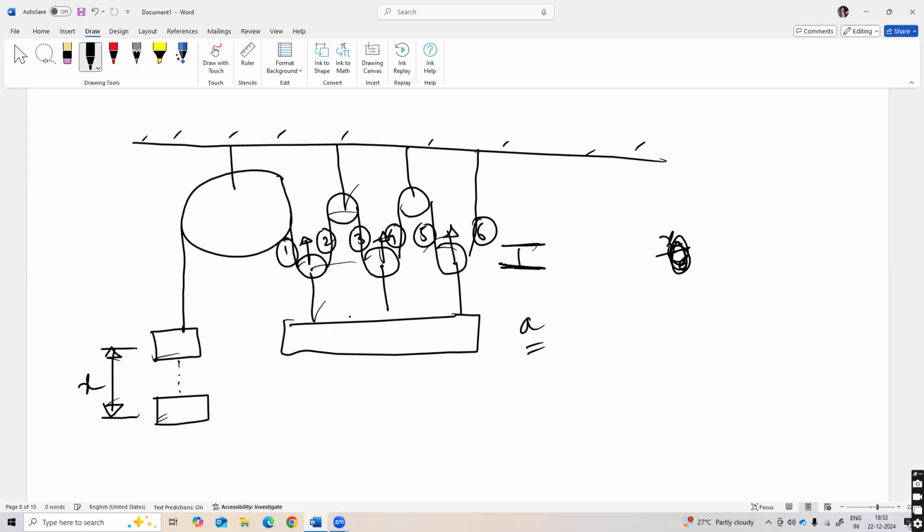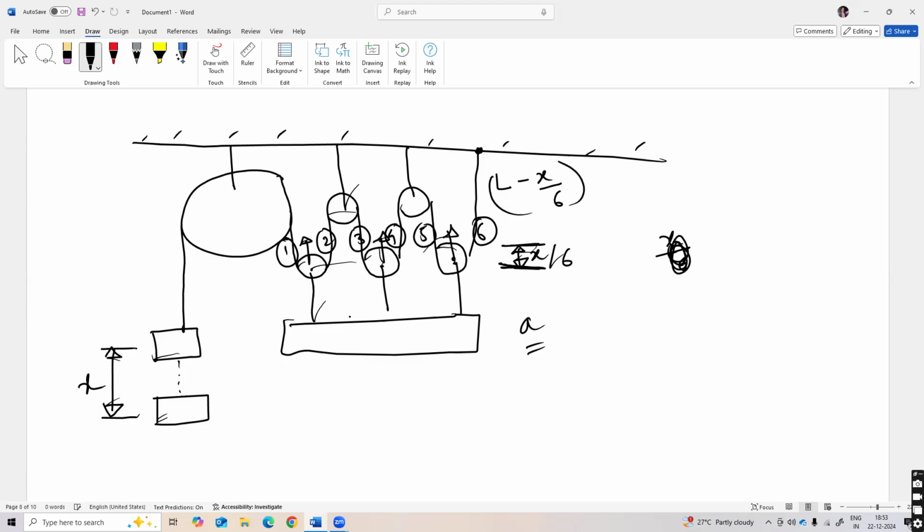Let's say the initial distance from this point to this center was L. If this pulley moves upward by x by 6, then the final distance will be L minus x by 6.